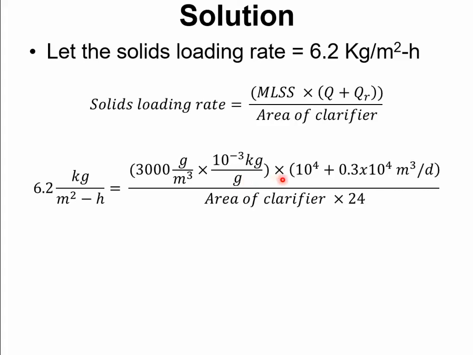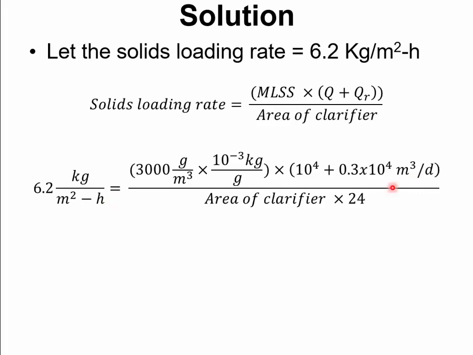And then you are provided with the discharge value, which is 10 raised to the power 4, the actual peak discharge, plus 0.3 into 10 raised to the power 4. This is 30% of this flow which is recycled. So QR is 0.3 into 10 raised to the power 4. So here the units are cubic meters per day, whereas on left hand side you have the units of per hour.